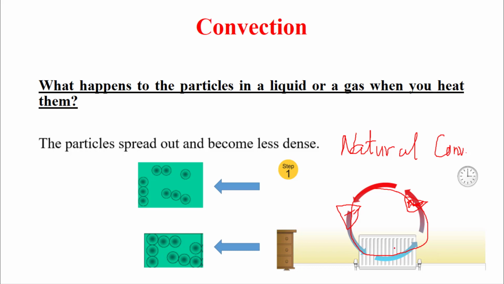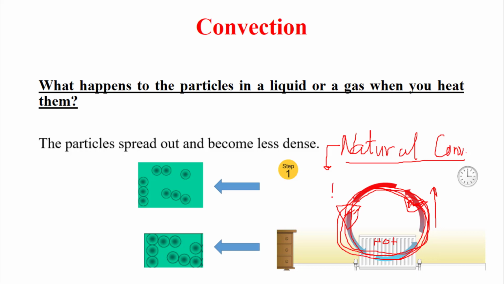Once it touches a hot object, like a hot radiator or hot conductor, its temperature will vary. As a result, density will vary. So the movements start occurring due to density variation. Natural convection, we usually call it the buoyancy effect. Why buoyancy? Because buoyancy depends on the density of the fluids. As we mentioned, when the density becomes less, it will rise up.